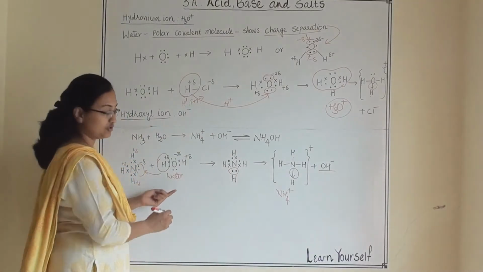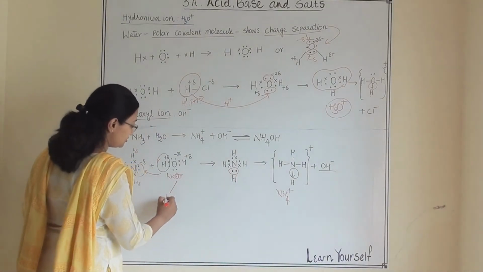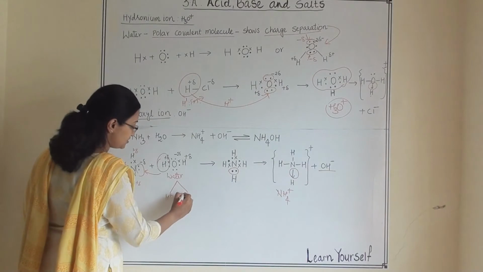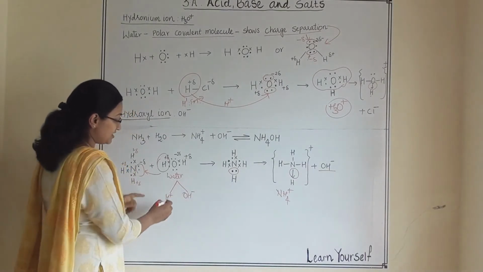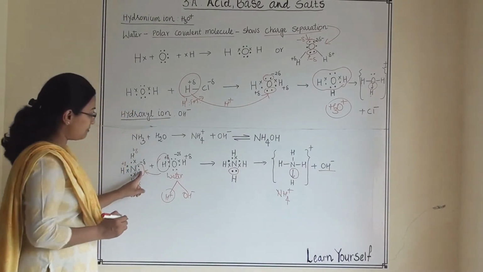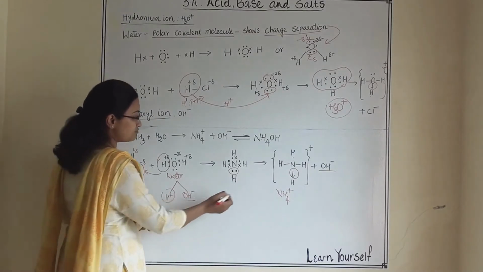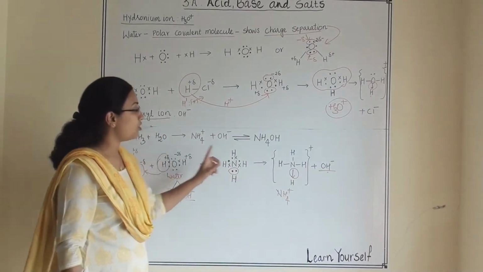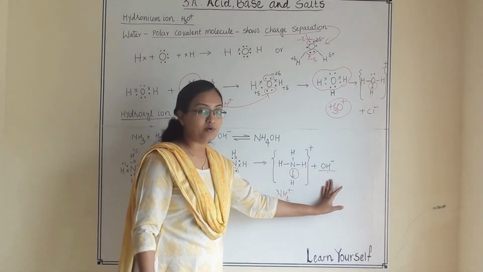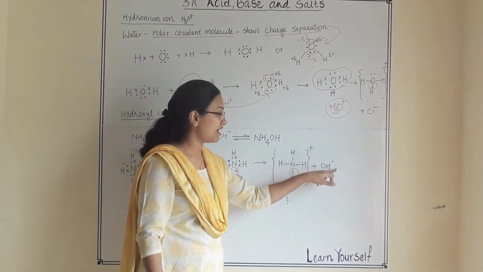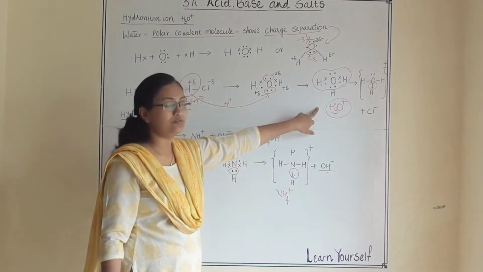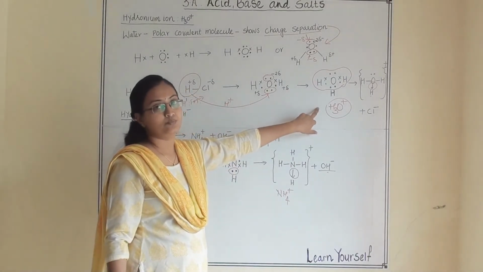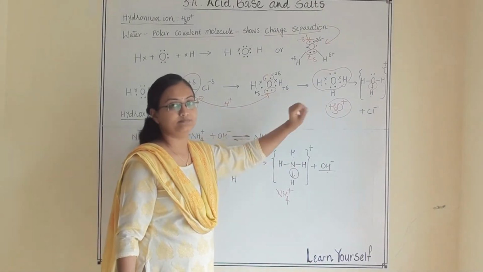From the water molecule. If you see the water molecule, there will be a charge separation into H plus and OH minus. So H plus will combine with ammonia and OH minus will be left behind. That's why a base always gives OH minus, the hydroxyl ion, whereas an acid will always give H3O plus, that is the hydronium ion.